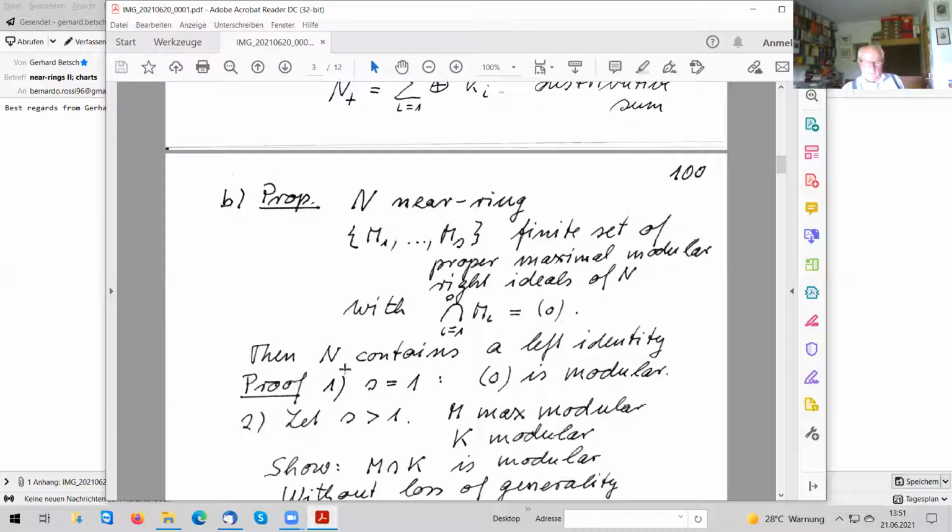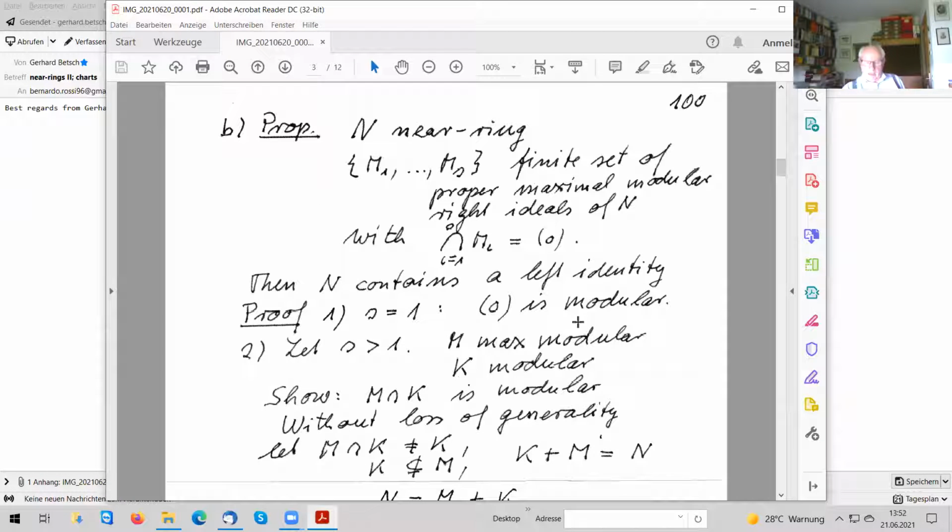Well, if S is 1, then 0 is modular, that's no problem. Let S be greater than 1. M maximal modular and K modular are assumed. We show that then the intersection is modular.